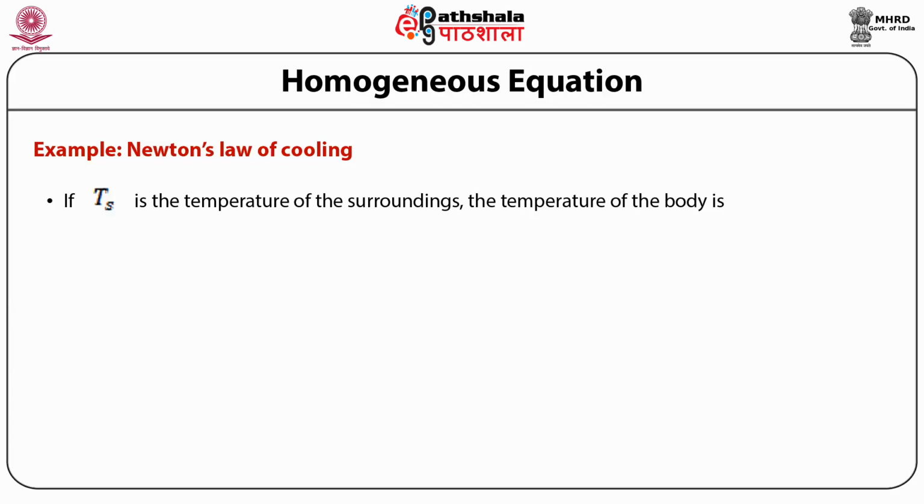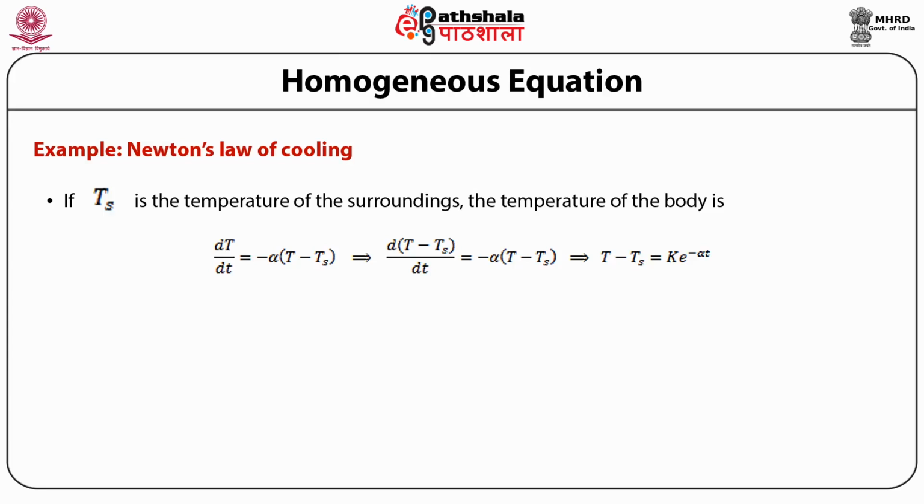Thus, if Ts is the temperature of the surroundings, the temperature of the body as a function of time is dT by dt is equal to minus alpha times T minus Ts.